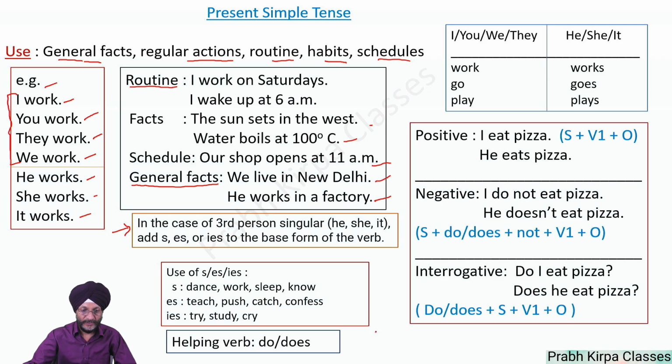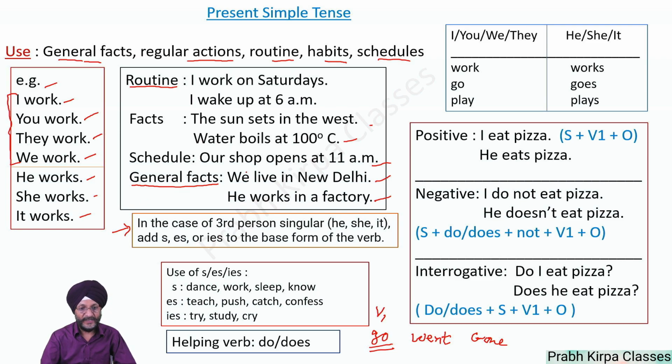For example, the first form of the verb is go, then the second form, simple past, is went, and then the third form, past participle, is gone. Here we use only the first form of the verb in this sentence.